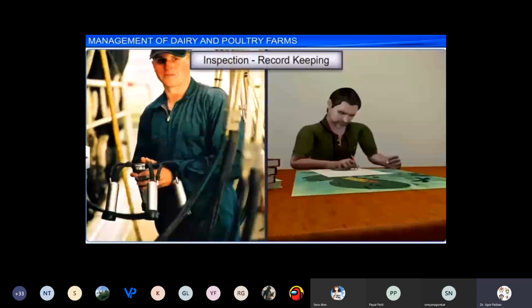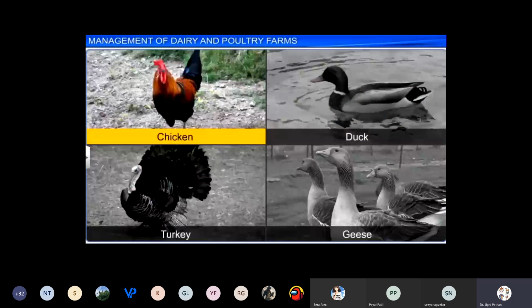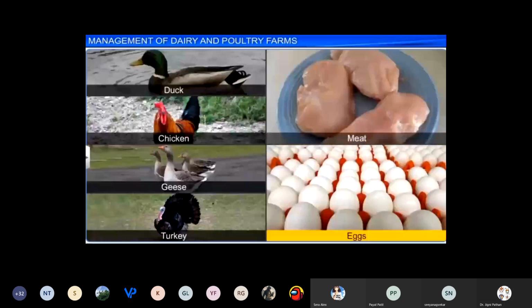Just as dairy farms are used for milking, poultry farms are managed to raise domestic fowls or birds, such as chicken, duck, turkey, and geese. These birds are reared for their meat and eggs.